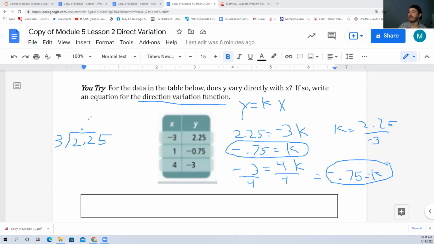So let's see what we got here. 3 can't go into 2, 3 can go into 22 7 times. 7 times 3 is 21. 1, 5. 3 goes into 15 5 times. Again, I know it's negative because the 3 is negative. So yes, this is equal to -0.75. So look, I'm super constant. All right. No pun intended.